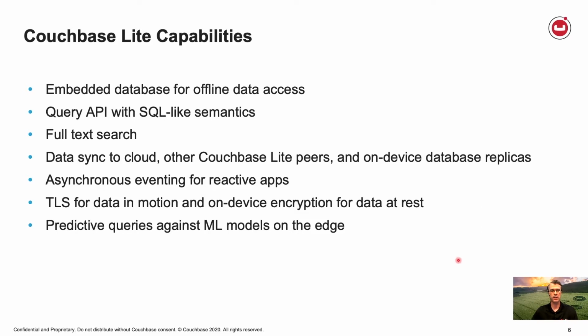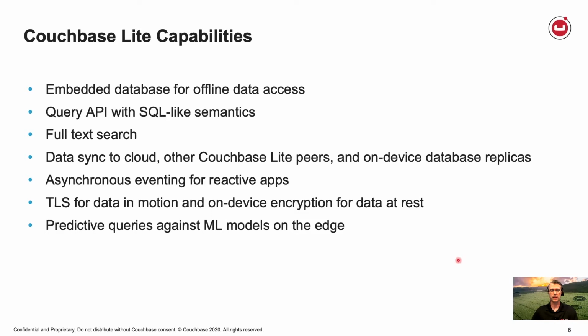There are query capabilities with SQL-like semantics, and we'll see this in the demo. There are also full text search capabilities. Again, if you're familiar with Couchbase Server, it has full text search, and we have similar capabilities in Couchbase Lite. We already talked a bit about the data sync to cloud, which is what I'll be demoing in this session.